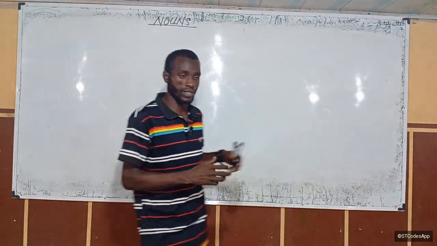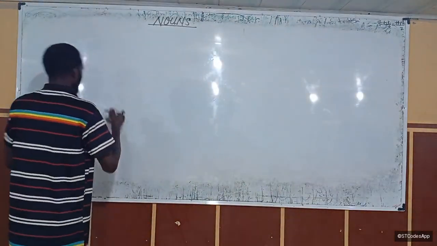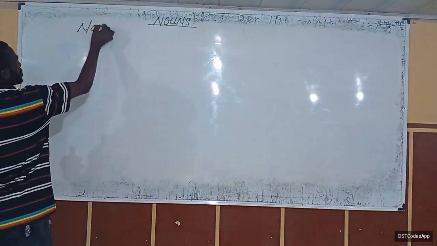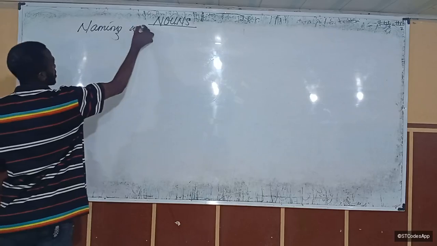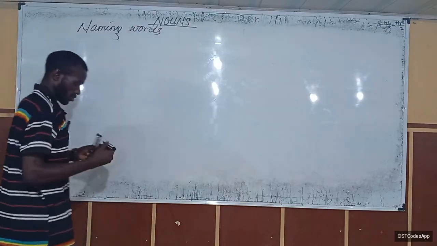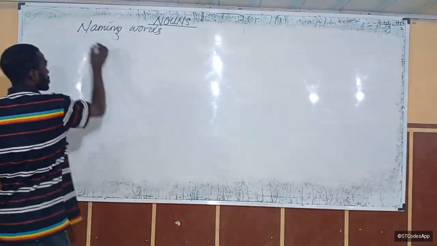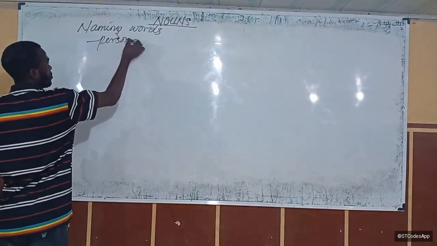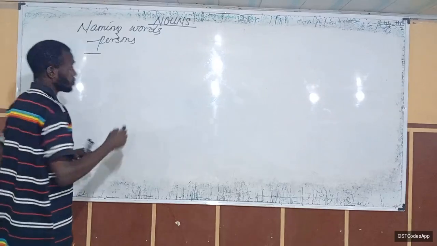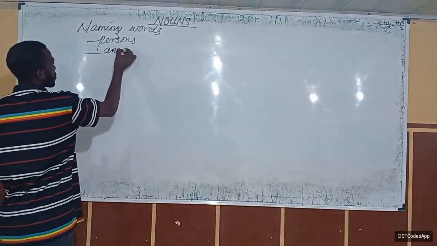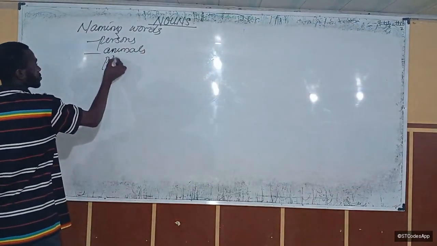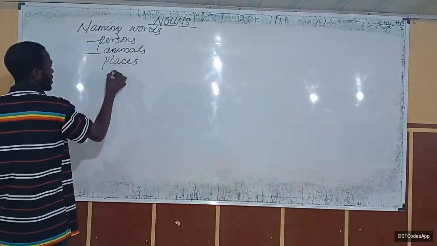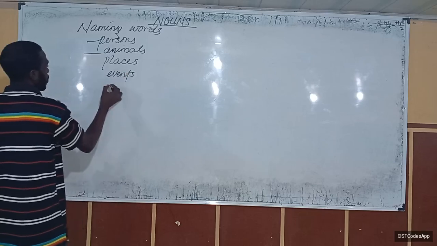Now, what are nouns? Nouns are generally naming words. So they represent names of persons, animals, places, events, or ideas.